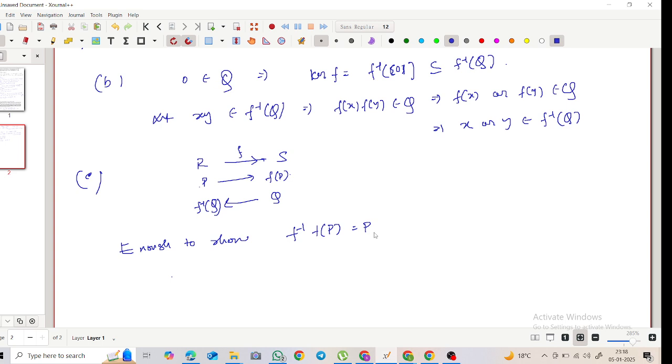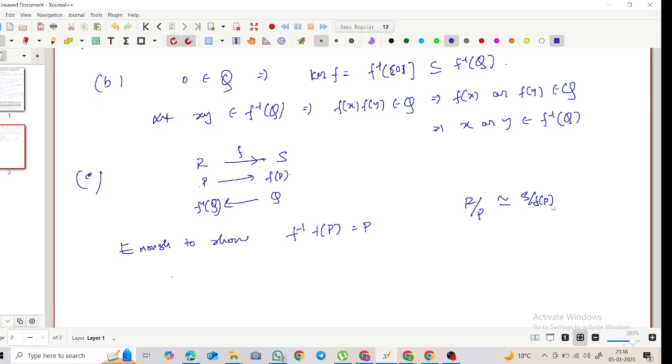So how do we do it? And we have this, R mod P is bijective to S mod f(P). We already have it, okay?